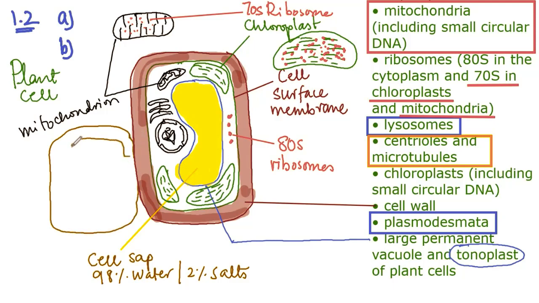This is the cell wall, but there are certain regions of the cell wall which become very thin, and this is a cytoplasmic junction. So plasmodesmata is that area between the two plant cells where the cell wall becomes very thin, and the cytoplasm of the two cells get close to each other, and they are involved in a very rapid and more efficient exchange of materials between the cells.